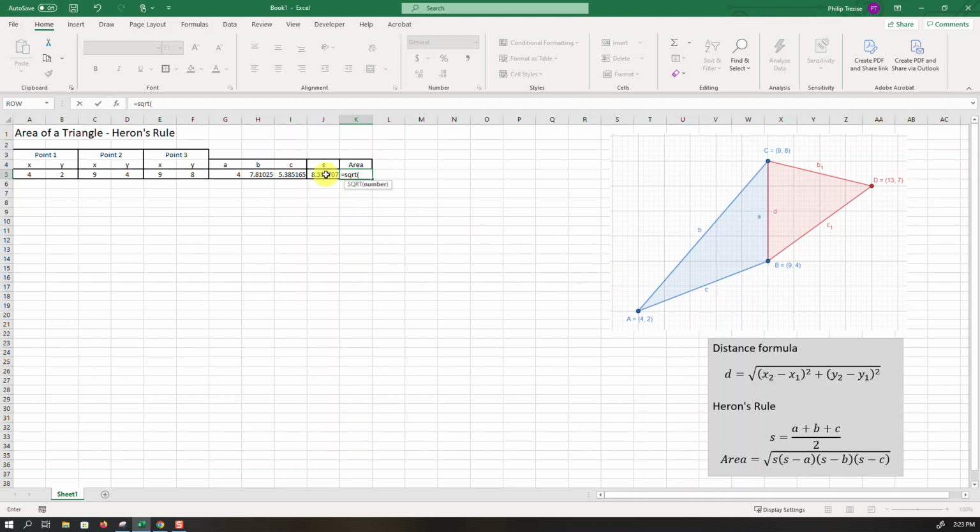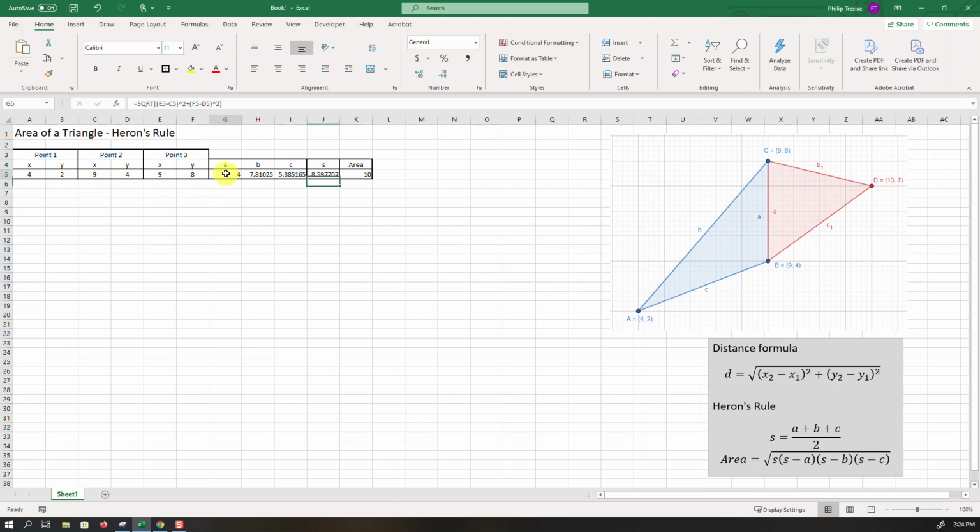And it will be the value of S multiplied by S subtract A multiplied by S subtract B multiplied by S subtract C. Finally, close the brackets for the square root function. And the area of the blue triangle is 10 units.